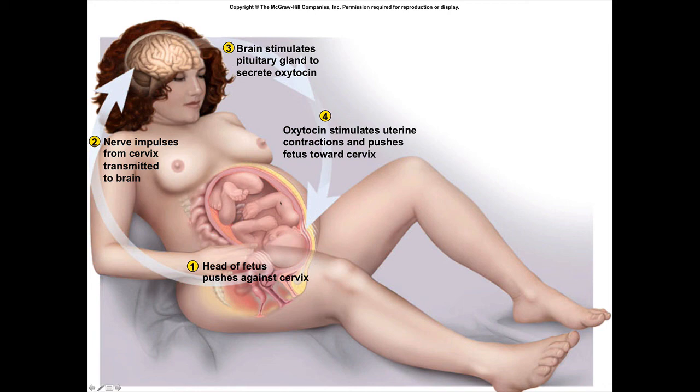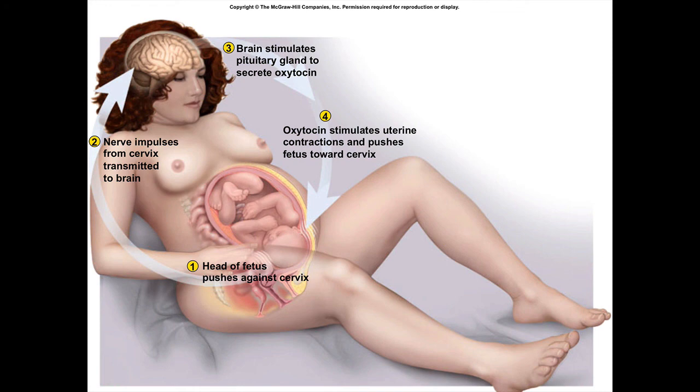Here's a fetus in this woman's uterus, and typically close to labor, the head of the fetus is creating pressure, pushing against the woman's cervix. When the pressure becomes intense enough, the receptors in the cervix are going to send an afferent signal to the brain.